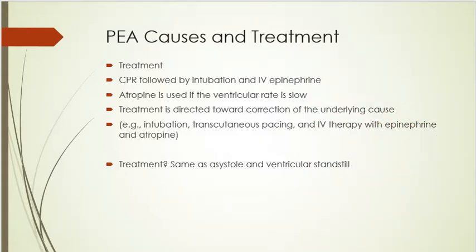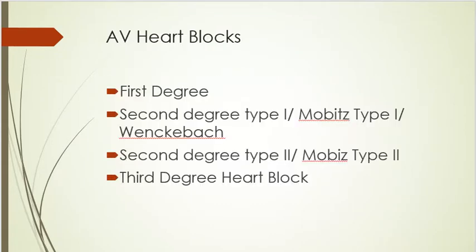So when we get back, we're going to talk about AV blocks, or heart blocks, and that will be the end of the series, I believe. I think there's a little bit more on pacemakers, but we've talked a lot about pacemakers already. We'll talk more intently about what a pacemaker is and how you would troubleshoot it.